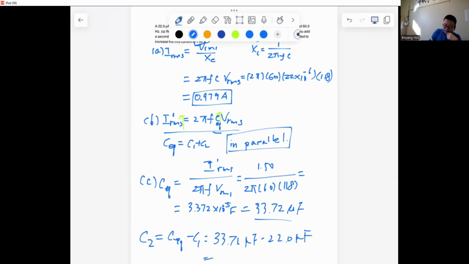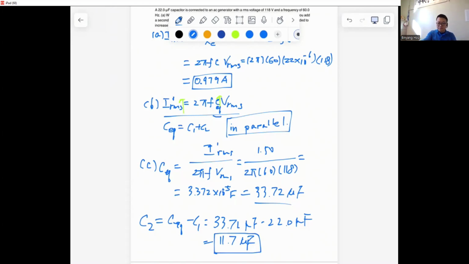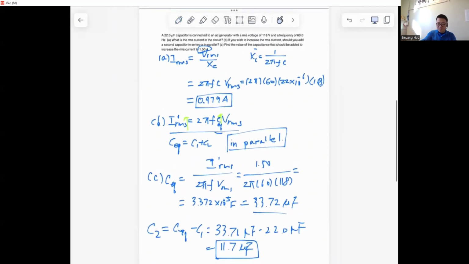That will be 11.7 microfarad at the end. All right, so I think that's the full solution for this one.